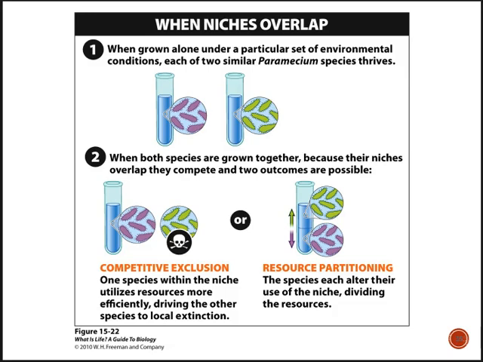So if you've got competition, there's really only two possible outcomes of that competition. Of all the times this has been researched, researchers have found basically two outcomes. The first outcome is called competitive exclusion. And competitive exclusion means that one species outcompetes the other species for a resource.